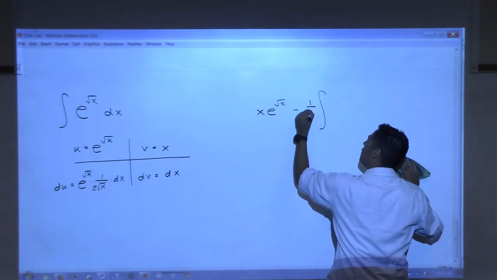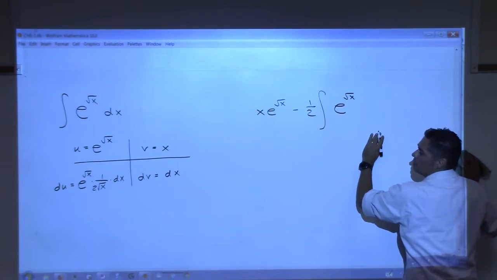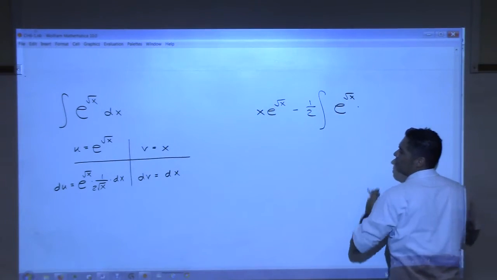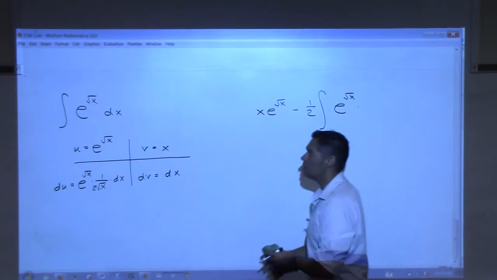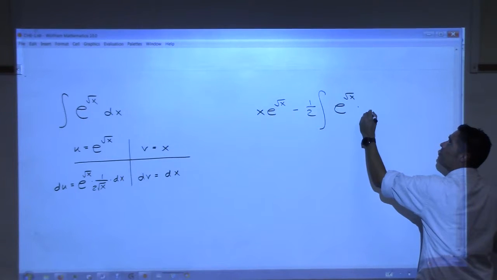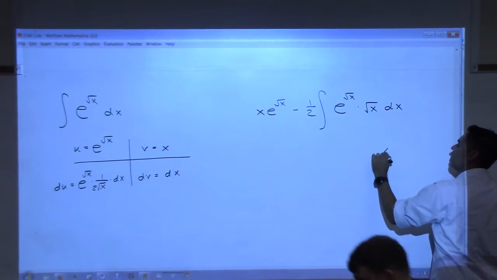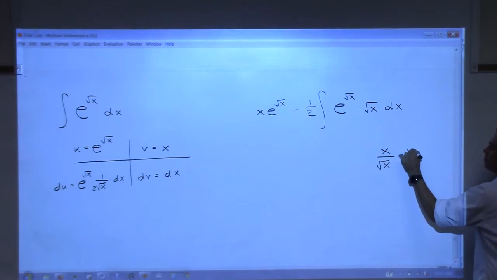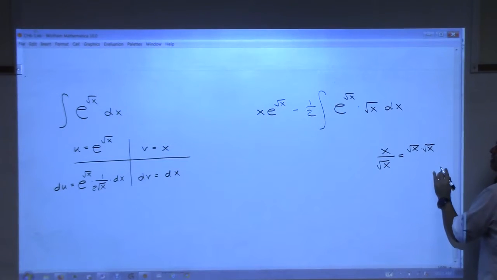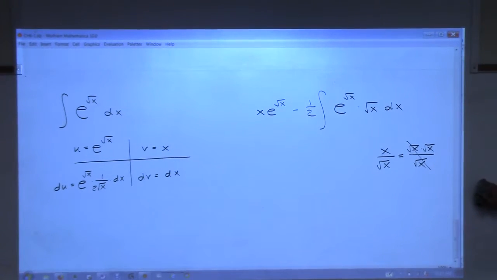I have 1/2, and then I have e to the root x times x over root x, which is, what's x divided by root x? X over root x is root x times root x over root x. That's x, right? Okay, so x over root x is just root x.